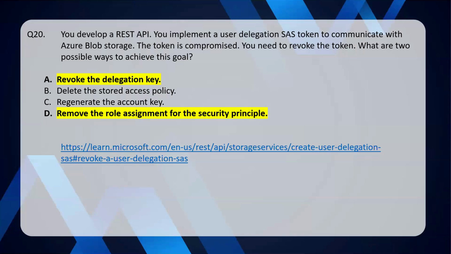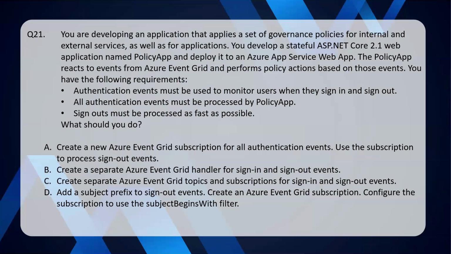Question number 21. You are developing an application that applies a set of governance policies for internal and external services as well as for the applications. You develop a stateful ASP.NET Core 2.1 web application named Policy App and deploy it to an Azure App Service web app.